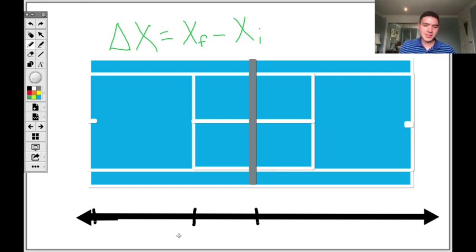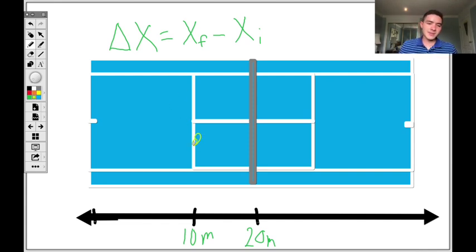An athlete hits a tennis ball from the service line, which is 10 meters from the back of the court, to the net, which is 20 meters from the back of the court. This is where we use the displacement equation because we're given two different non-zero position values.